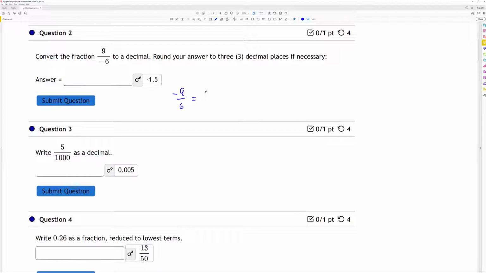Both sides are divisible by 3. Negative 9 over 3, 6 divided by 3 gives me negative 3 halves.